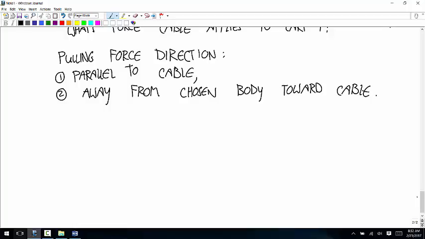One way to always get this right that I think is helpful a lot of times in really complicated problems is, when you choose the body to isolate, you can sort of imagine including just a tiny little bit of that cable that's connected to it. So you can include a tiny bit of cable in the chosen body.